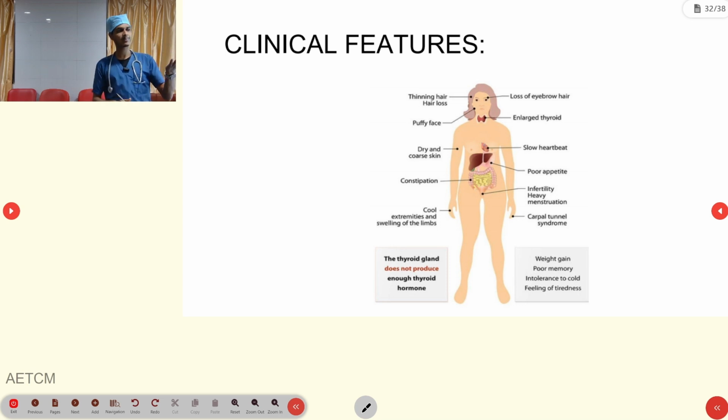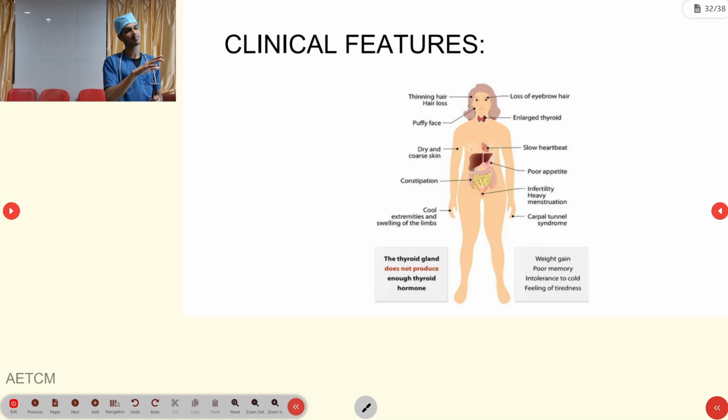And then poor appetite, and constipation because of the low motility of your gut or intestine. Infertility and heavy menstruation will be there. You can see weight gain because there is a problem in water regulation, so your body retains more water, which leads to weight gain.